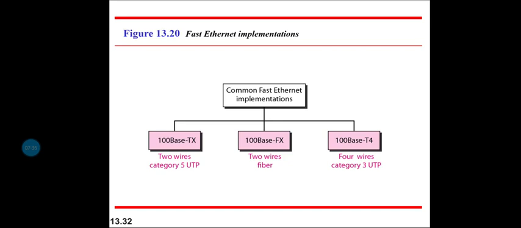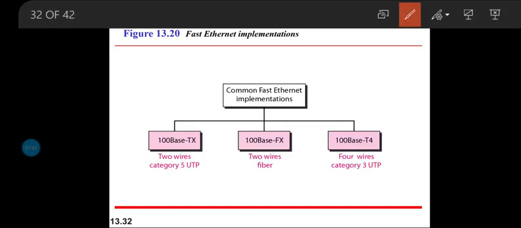In 2-wire implementation, it can be further classified as category 5 UTP, that is category 5 unshielded twisted pair, or a fiber optic cable, as you can see, which is 100BASE-FX.